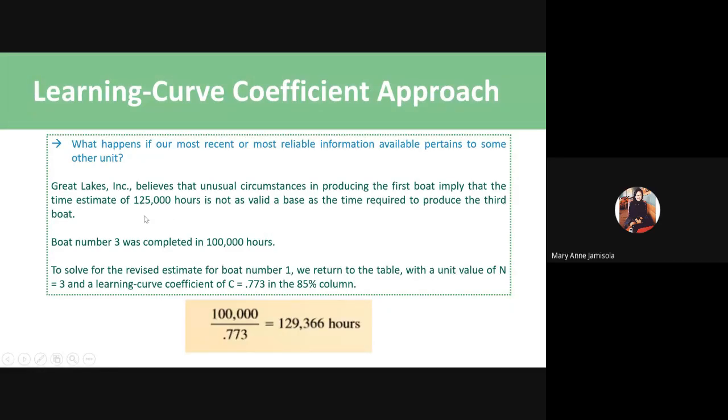If we are to use our formula, T1 times the coefficient, to compute for the number of hours required for the third boat, it will not give us 100,000 hours. Let's try. So that's 125,000 hours, then boat number 3.